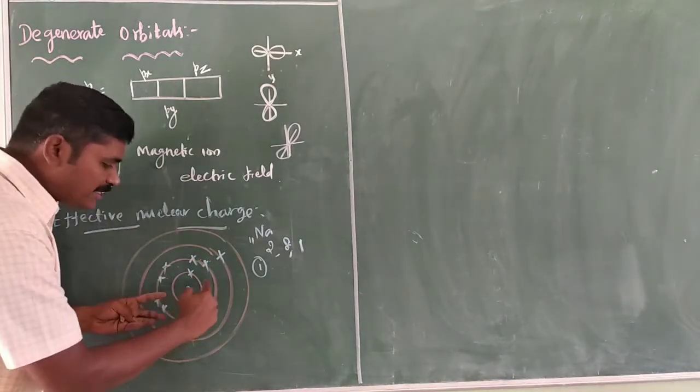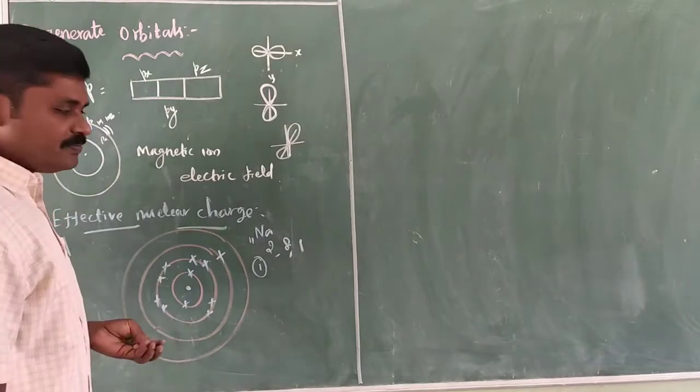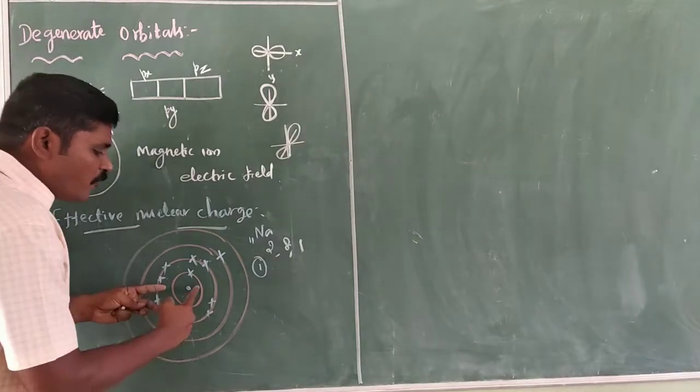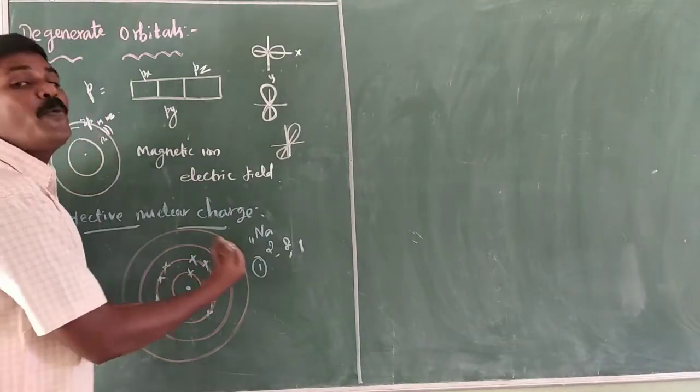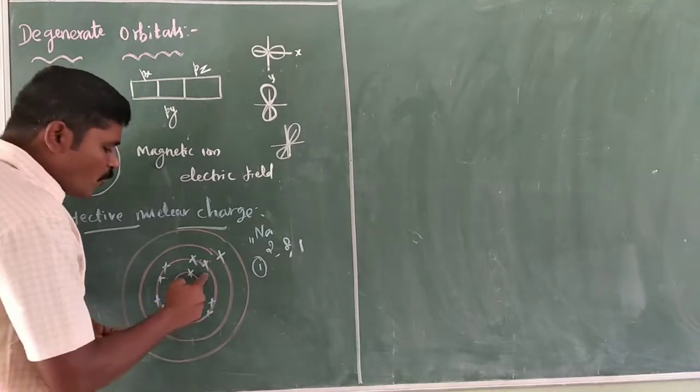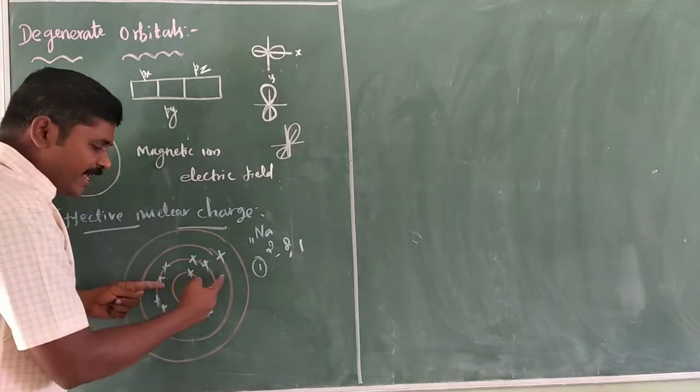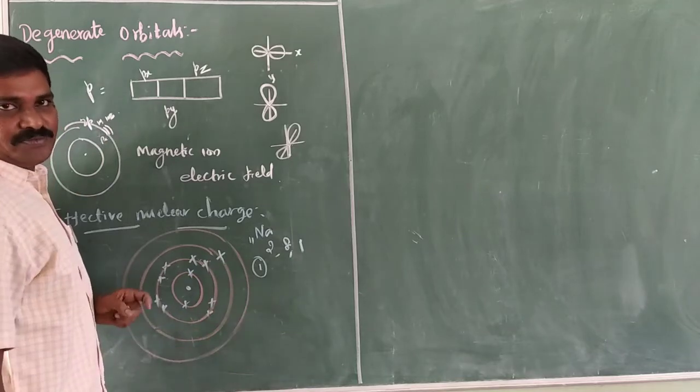The other is the repulsive force among the electrons. The two forces operate in opposite directions.